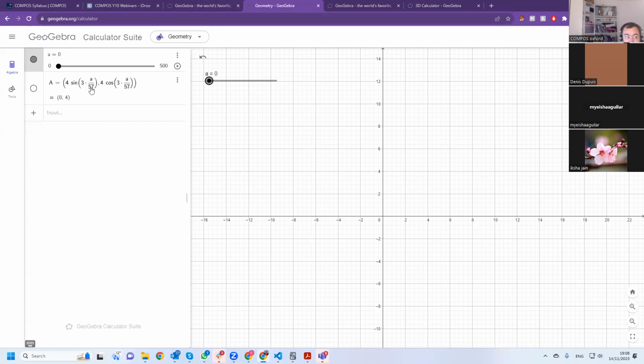So I just divided by 57 just to get degrees instead of radians. And let's have a look. We're going to play. And you can see that it is moving in circles.